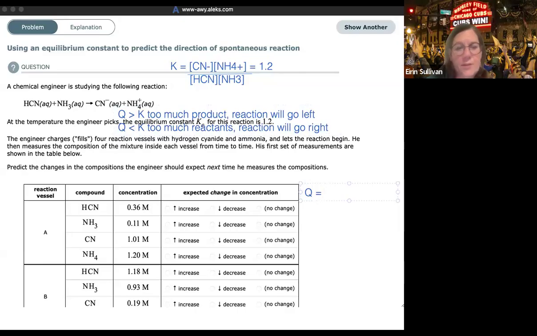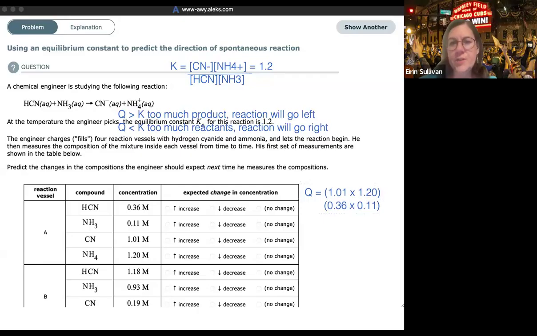So the concentration of the cyanide ion would be 1.01, and the concentration of ammonium would be 1.2. And then we're going to divide that by, this is nice that we don't have any stoichiometric coefficients, so we don't have to do anything to the power of anything. So hydrocyanic acid 0.36 times ammonia 0.11.